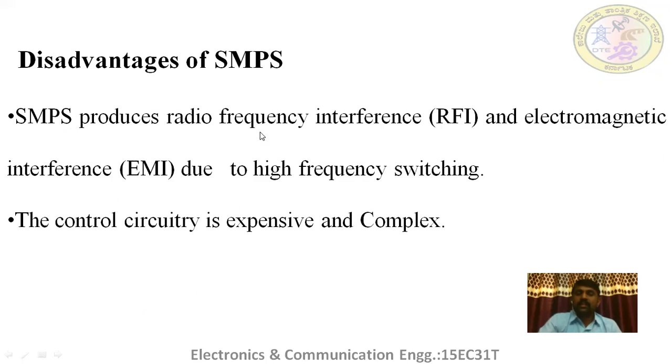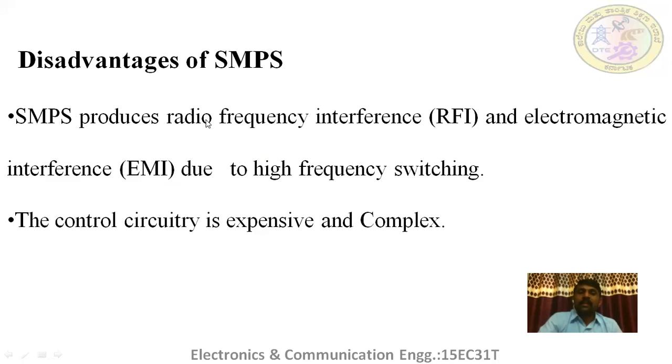Okay, and these are some disadvantages. We know that because of switching, this SMPS suffers from radio frequency interference and electromagnetic interference. This is due to the inductor and due to the switching. So this radio frequency interference and electromagnetic interference can be minimized or reduced by using filters.